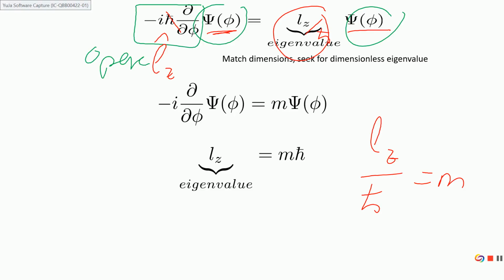Why do we do it? Angular momentum has a dimension of distance times momentum, which means distance times mass times distance divided by time.